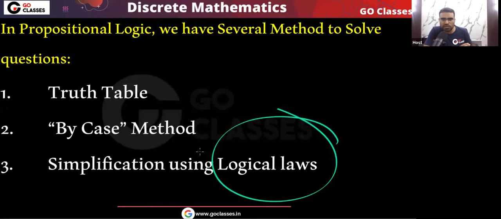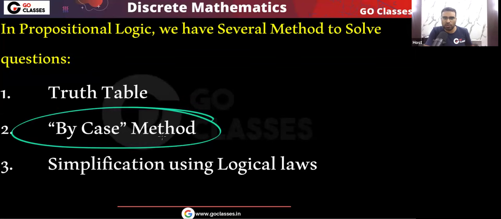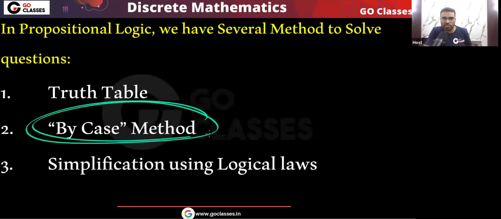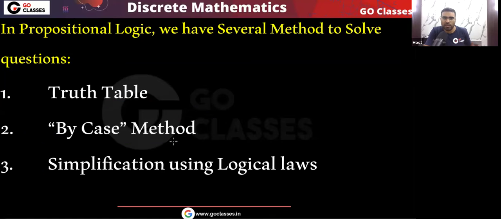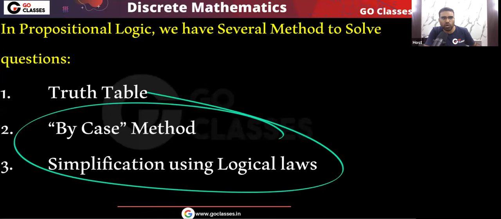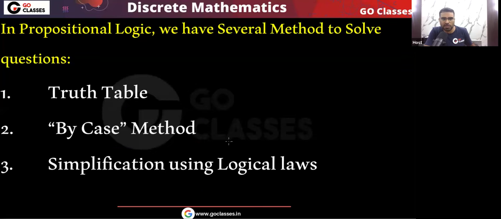On some questions this will save a lot of time, on some questions that will. So become an expert of both, and then, depending on the question, you can apply whichever you want. We have already seen the by case method and done a lot of practice. Now we will see the simplification method.